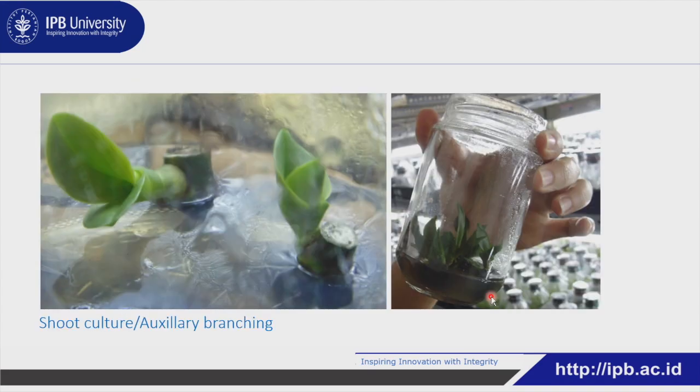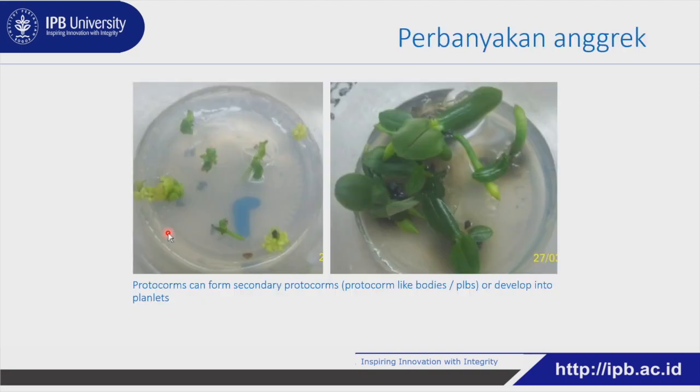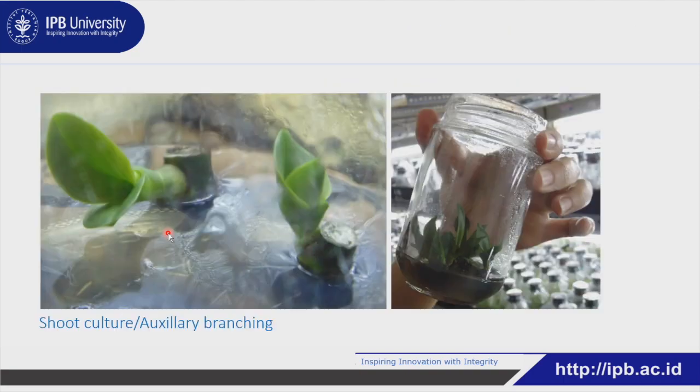For vegetative propagation, for instance, this is for Phalaenopsis. We can also use shoot culture or axillary branching for orchid to produce new plantlets for propagation material.